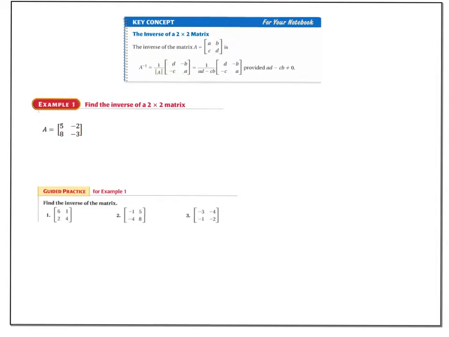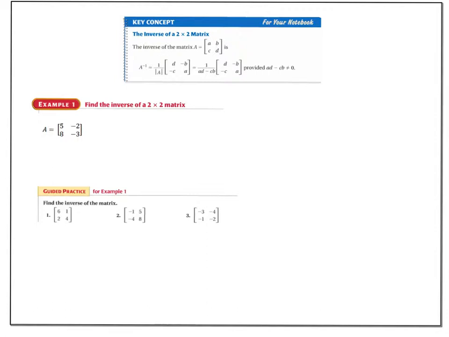Those two numbers swap positions. c and b stay where they were in position but change to a negative. So you change the signs of c and b, but they stay where they were. Here they just write out the rule in more detail by throwing in the determinant equation for you. But it's important just to see what's happening here: you have numbers changing positions and you have elements that are staying in their positions but changing signs.